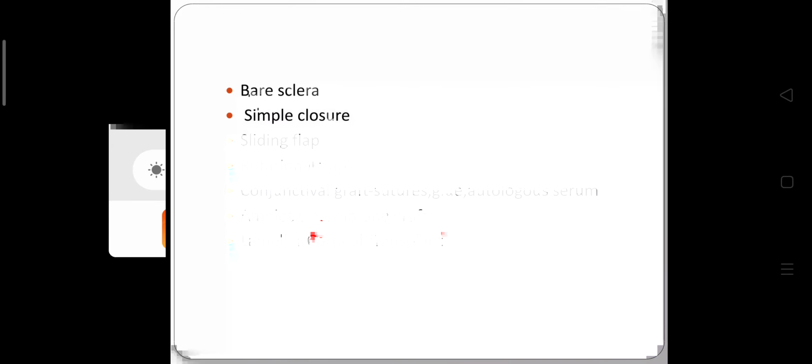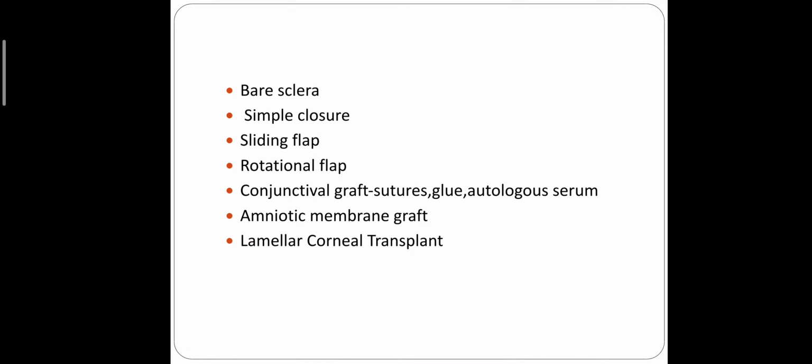In the bare sclera technique, the recurrence rate was as high as 5 to 68% in primary pterygium and 35 to 82% in recurrent pterygium. One of the most common complications of pterygium surgery is recurrence, so our main goal is to prevent recurrence.